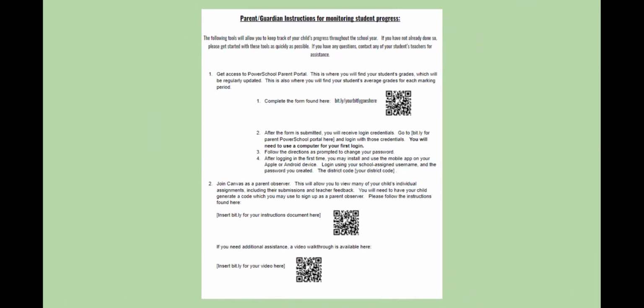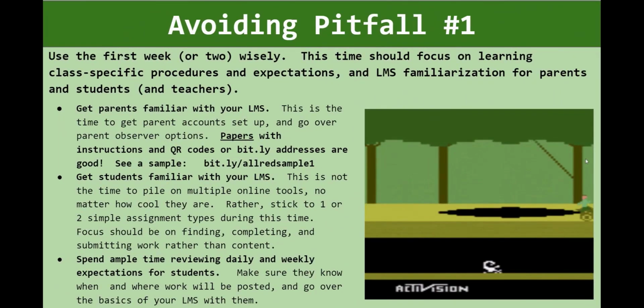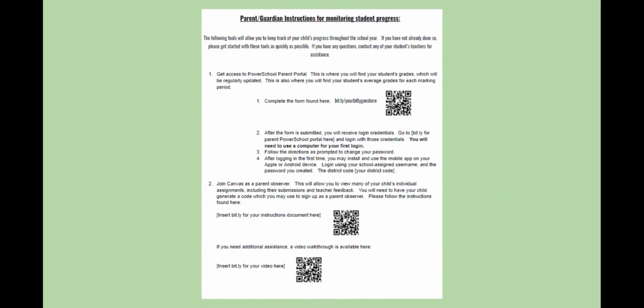All right. Here's an example of what we're going to send out next semester. If you go to the bit.ly right here at the first bullet point, bit.ly/Allred sample 1, that will bring up a copy of this that you can make your own.